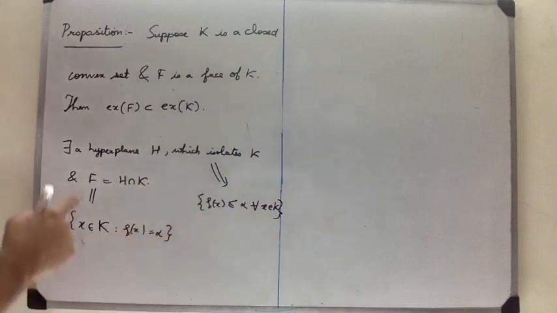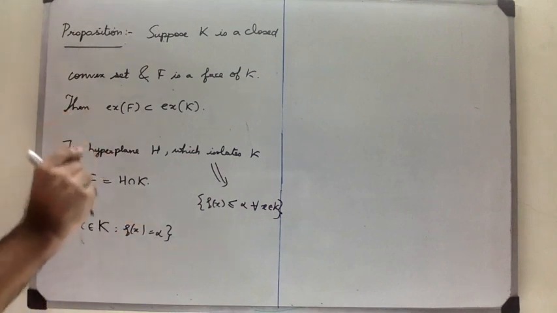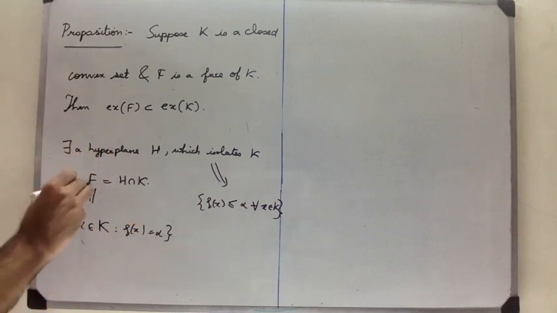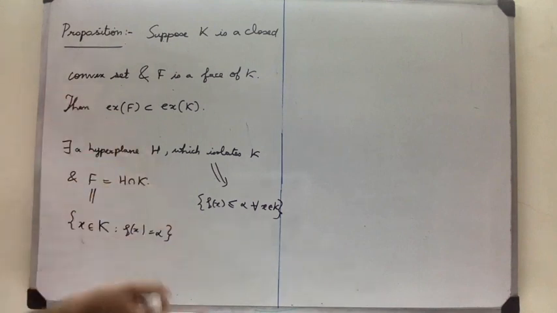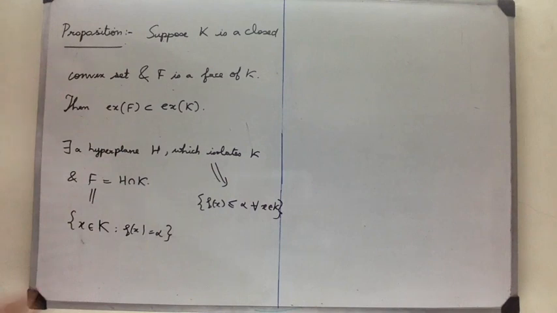This means that the set B of the earlier theorem, the set where a linear functional takes its maximum, is the face F, and thus by part 2 of our earlier theorem, any extreme point of F is an extreme point of K.